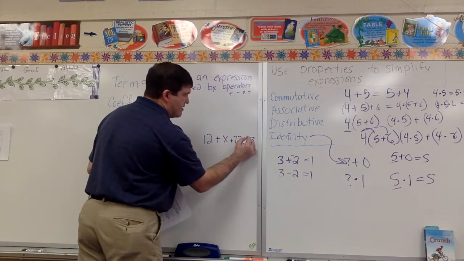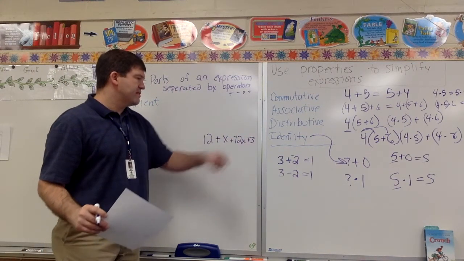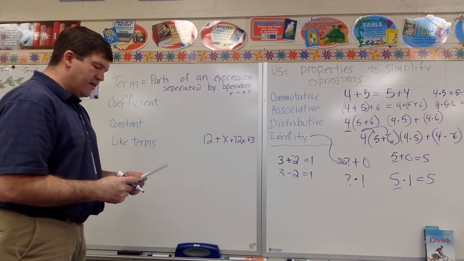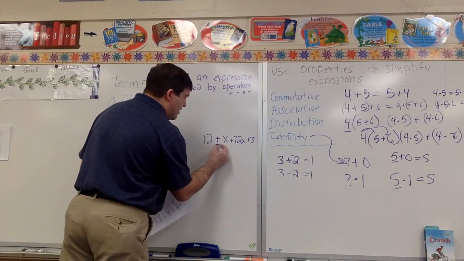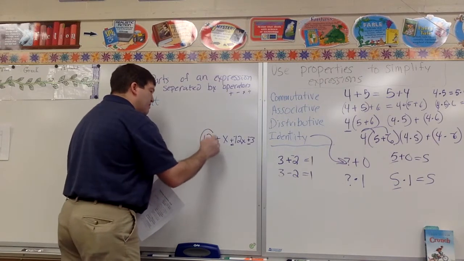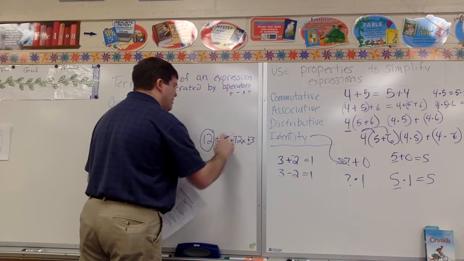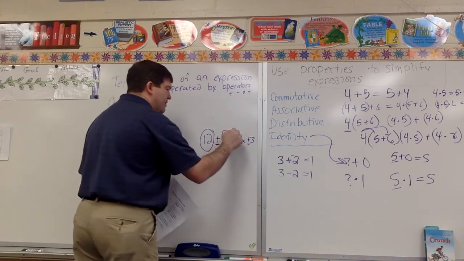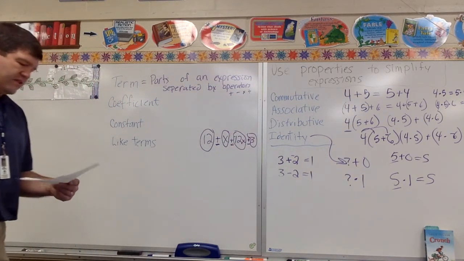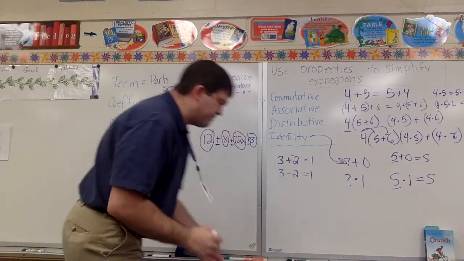So I have 12 plus x plus negative 12x plus negative 3. And so all of my terms are the things separated by my operators. So 12 is a term, x is a term, negative 12x is a term, and negative 3 is a term. All right, so those are your terms.